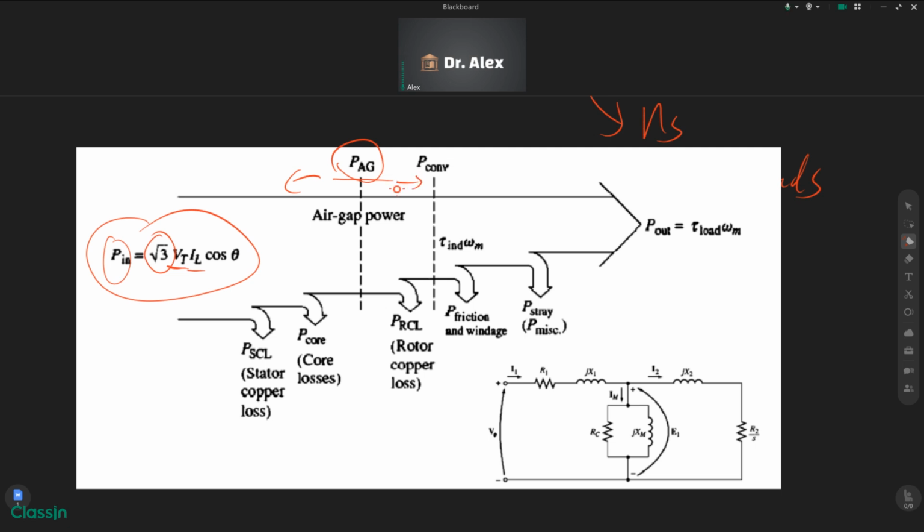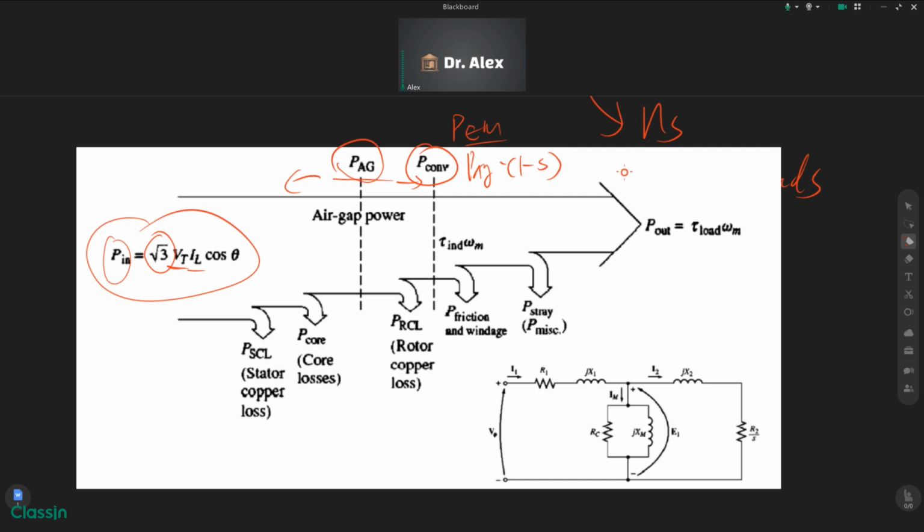On the right side is the entire power that is transferred to the rotor part. First of all, we use P air gap times 1 subtract S, which is P conversion. It has another name, PEM, which is electromagnetic power.